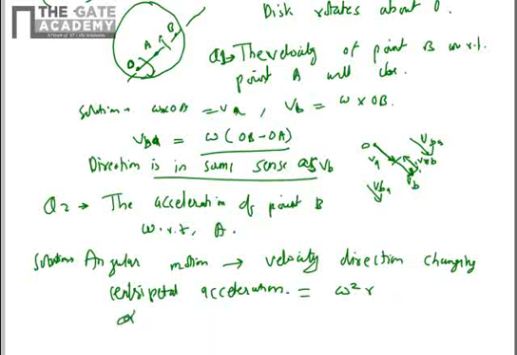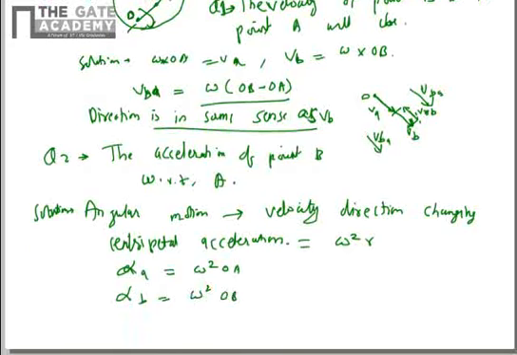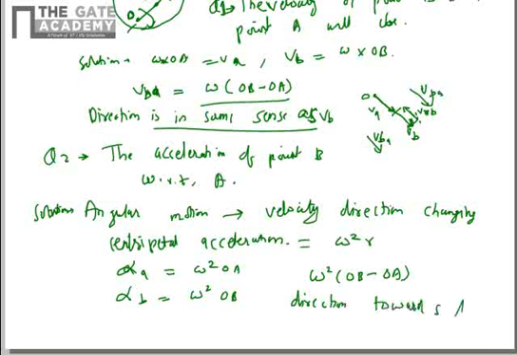So the centripetal acceleration of A will be omega square OA, and of B will be omega square OB. So the centripetal acceleration of B relative to A will be omega square times (OB minus OA), and its direction will be towards the center O.